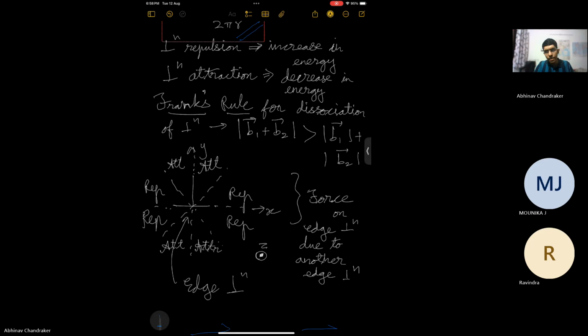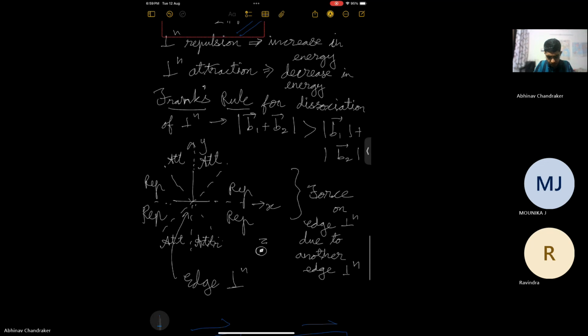So for one displacement of the dislocation line which occurs due to switching of bond, what is the net displacement? That will be equal to b. It's a vector, so the magnitude tells you the magnitude of the displacement, and the direction will tell you the direction.